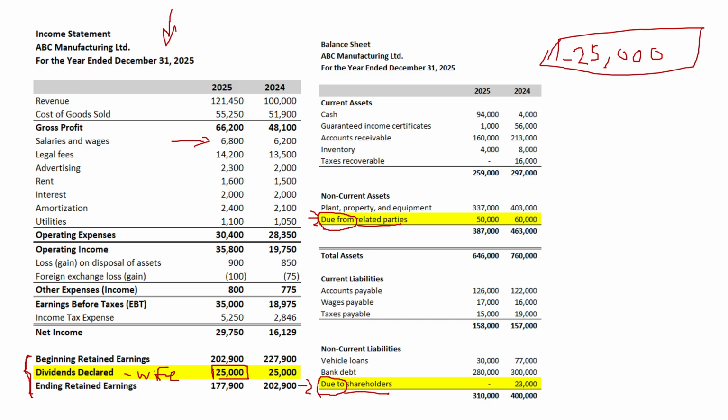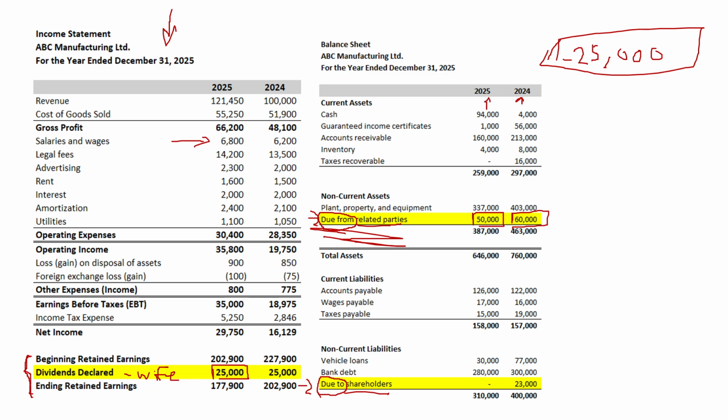Okay. Next, we're going to look in the balance sheet and we're going to find due from related parties. So remember, due from means just from the words due from, it means like another company owes your company money. So that amount, 60,000. So another company owed you, or let's say Joe owed you $60,000 in 2024, and then they owe you $50,000 in 2025.